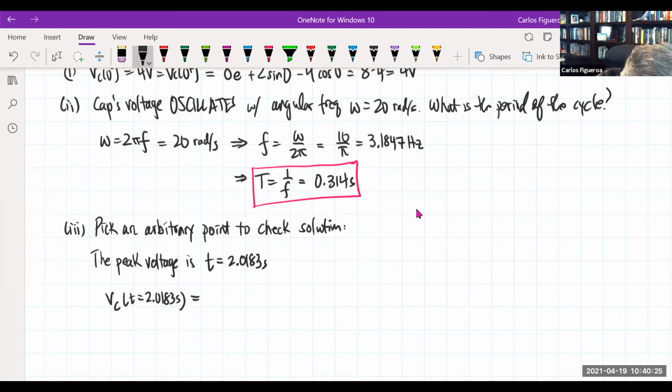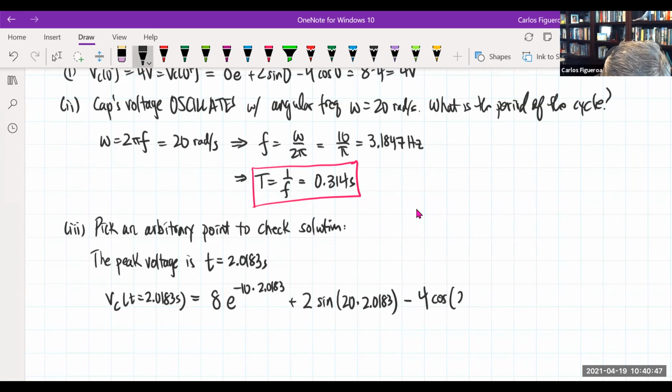Well, it's got to be 8e to the minus 10 times 2.0183, and then I get 2 sine of 20 times 2.0183 minus 4 cosine of 20 times 2.0183.